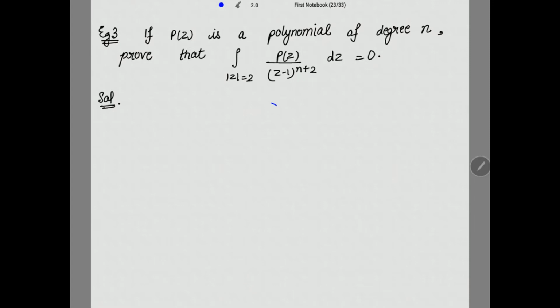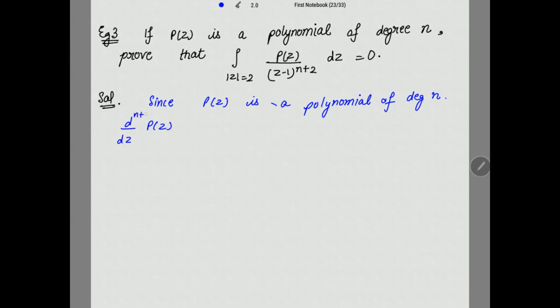So what is your n? What you have to find? We have to find which derivative of pz? We have to find n plus 1th derivative of pz. So since pz is a polynomial of degree n, we have to find the derivative of pz, but which derivative?